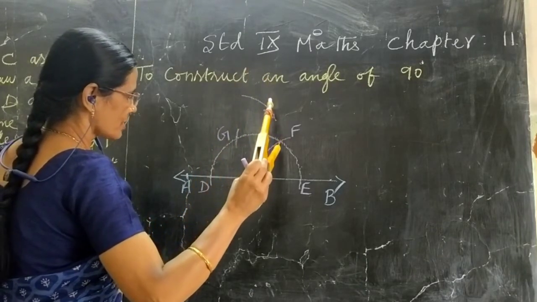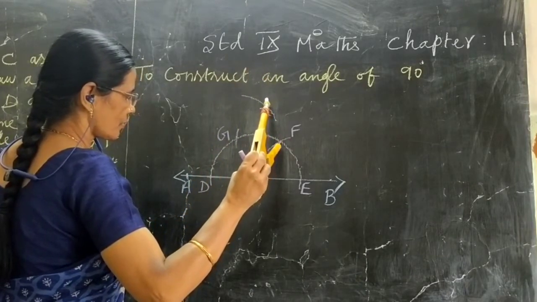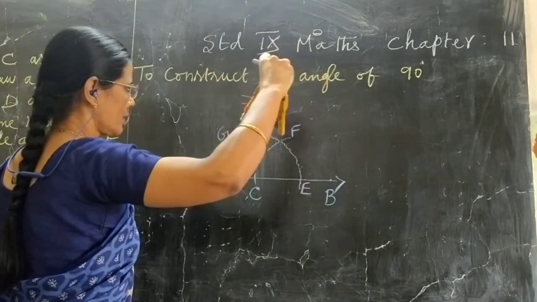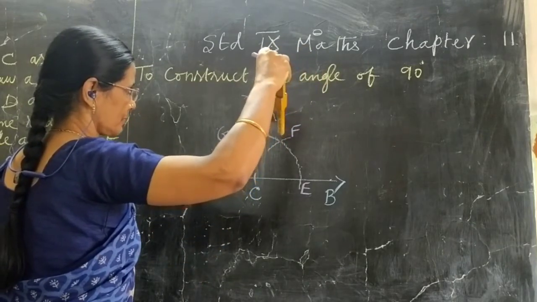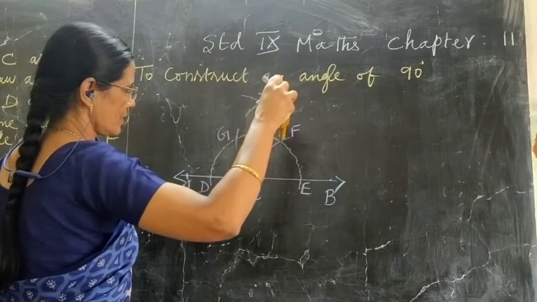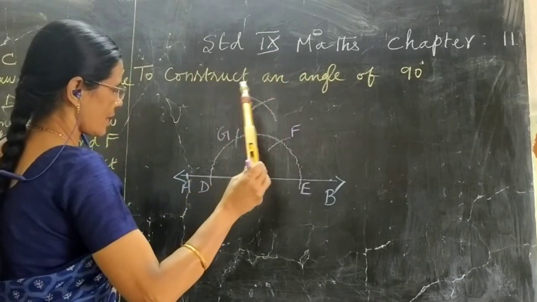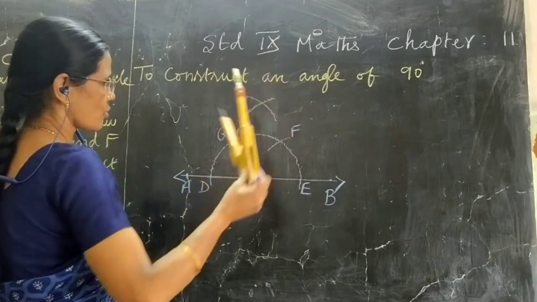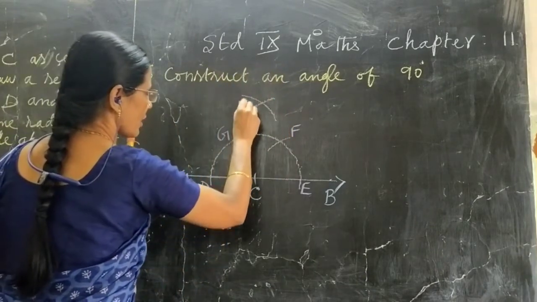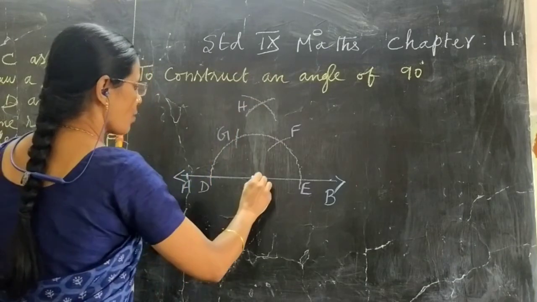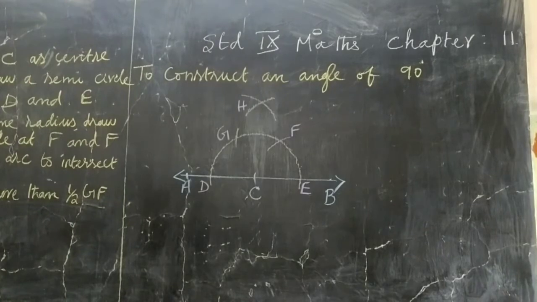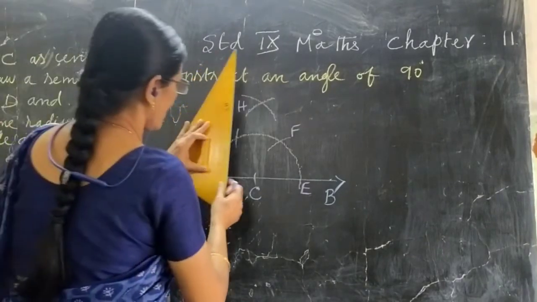Now shifting the center to F and with the same radius, another arc is drawn to intersect the former arc. Hope things are clear. With G and F as centers and the same radius, 2 arcs are drawn to intersect at the point H. Now if we draw ray through CH, we will get 90 degrees at the point C.